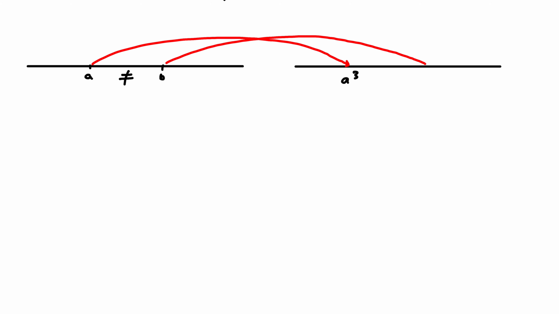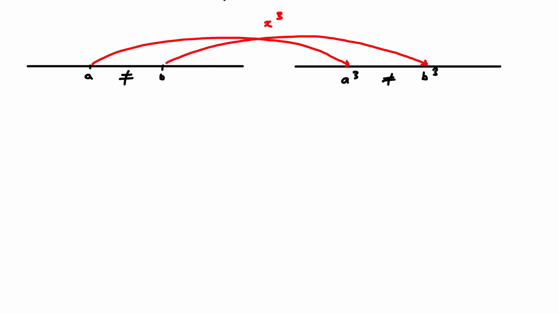So I'll kind of draw it like this. So this is the x cubed map. This is not equal. So in this case, 2 different inputs definitely have different outputs.